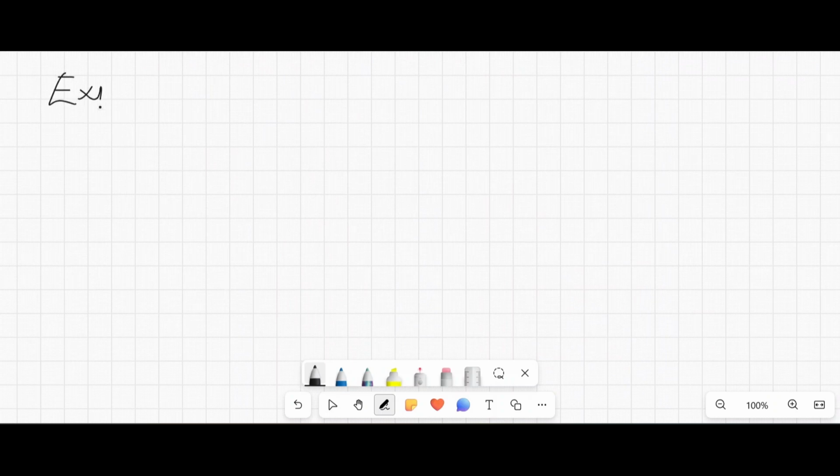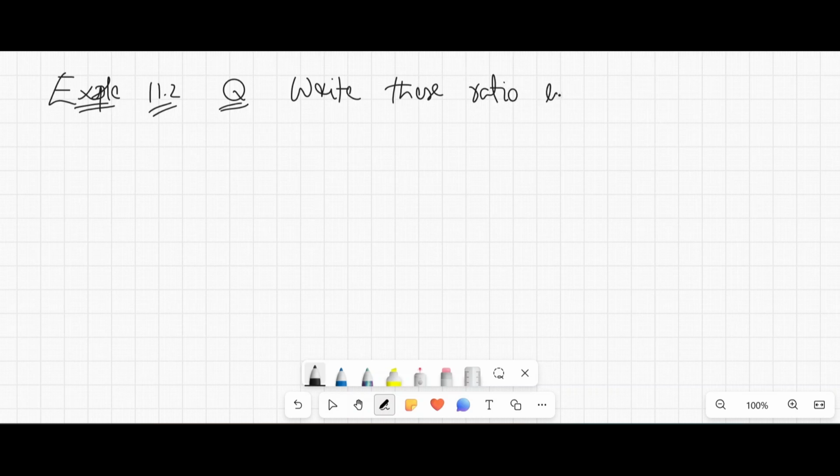So we have Example 11.2. The question says, write these ratios in the form 1:n.